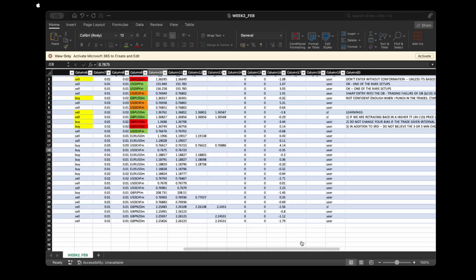We had an order block at 30 minutes, as we saw. This was the order block. It gave a break of structure.